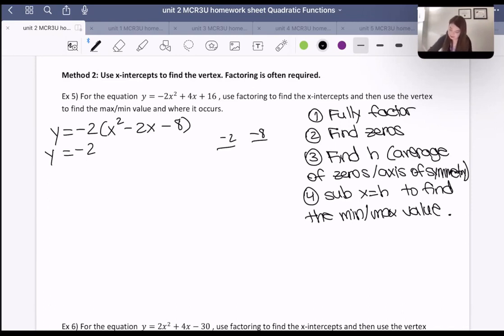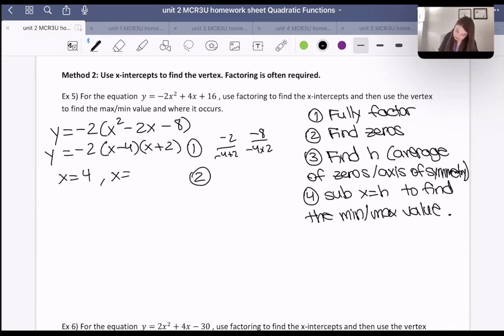Oh yeah, that works. Negative 4 times 2, and then negative 4 plus 2. That will work. So (x minus 4)(x plus 2). Good. Okay, so now we have to find the zeros. All of this was step 1. Step 2 is to find the zeros, so that's going to be x equals 4 and x equals negative 2.